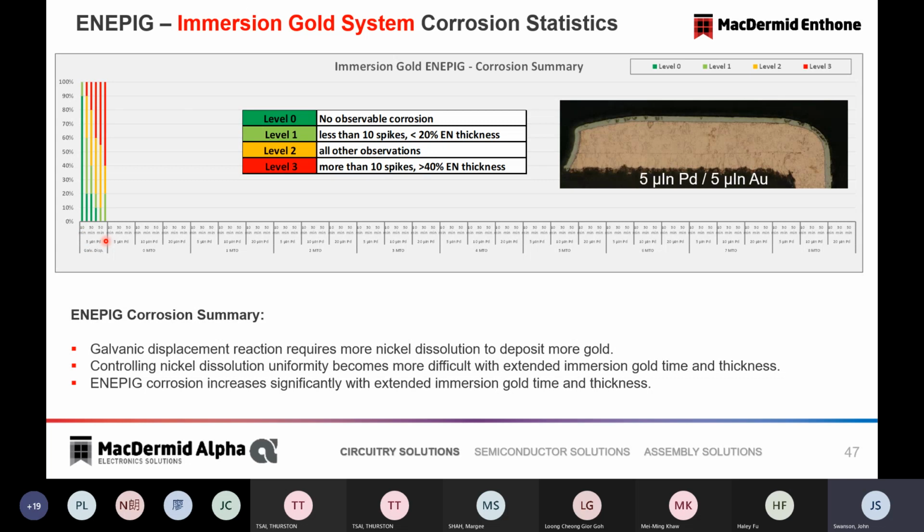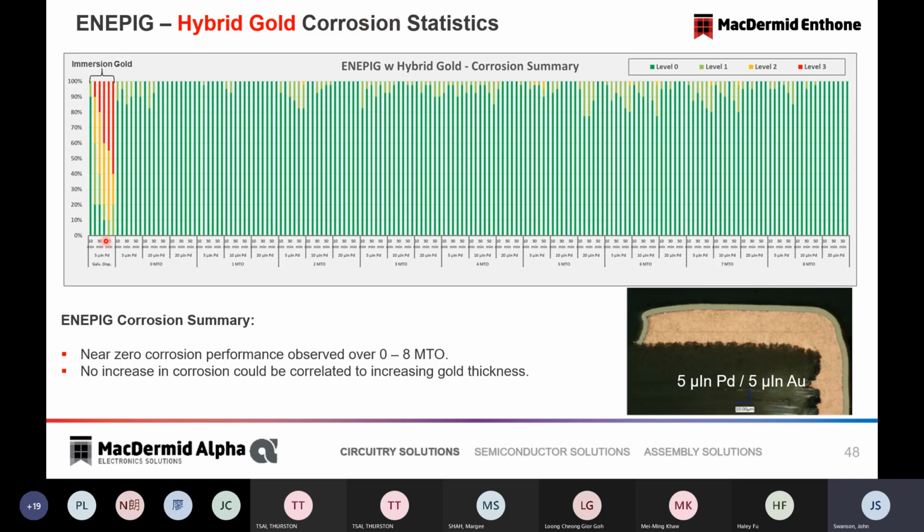Now, if I look at a hybrid system and I do the same type of challenge, we're able to show near zero corrosion. So the industry is looking at these. This is one of the very primary reasons why they're looking at it.